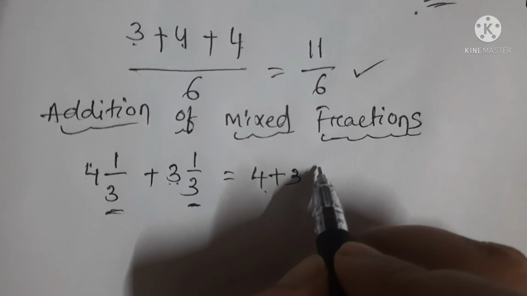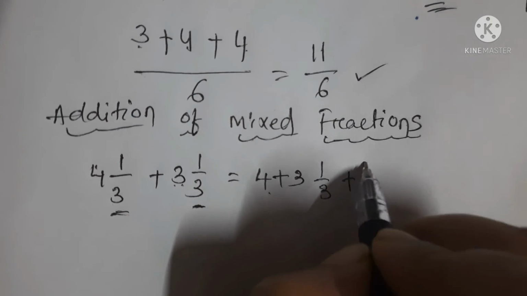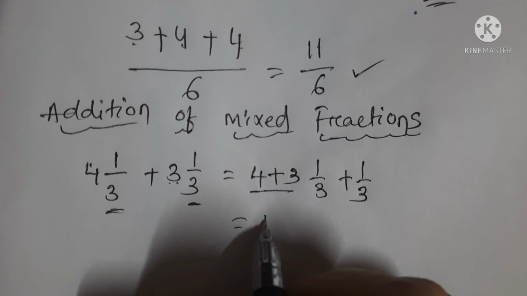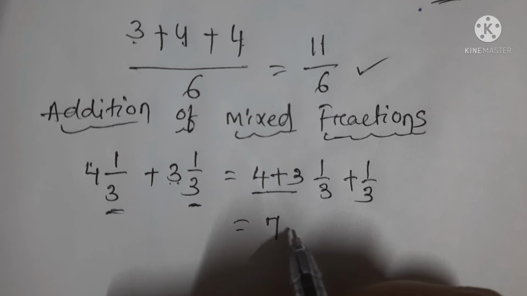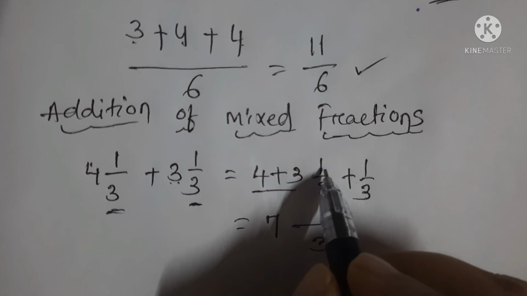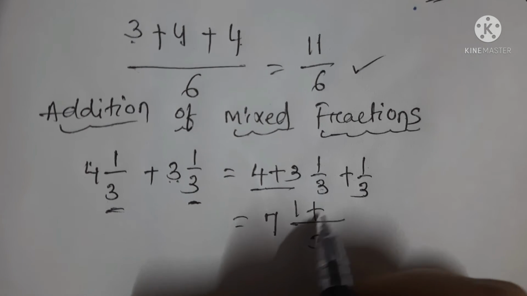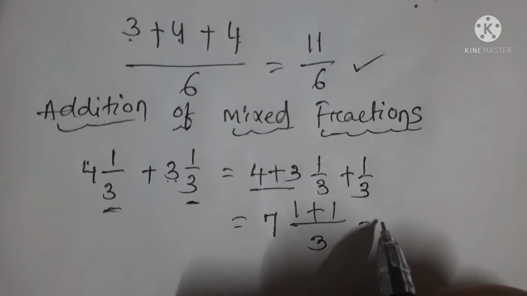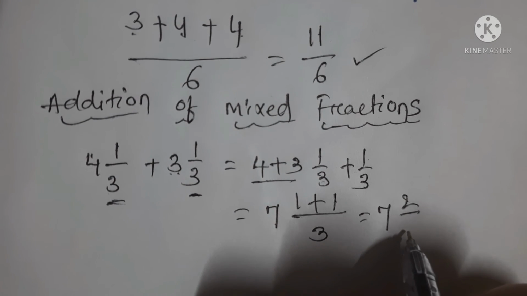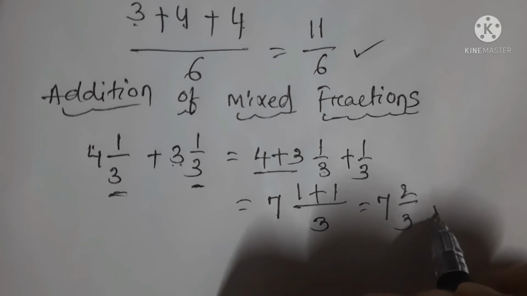Now the remaining portion is 1 by 3 plus 1 by 3. The whole numbers add to 7, and 1 plus 1 is 2 upon 3. So the answer is 7 2 by 3.